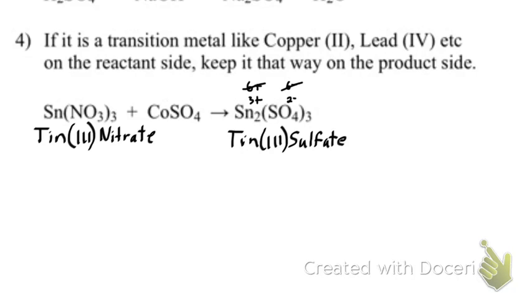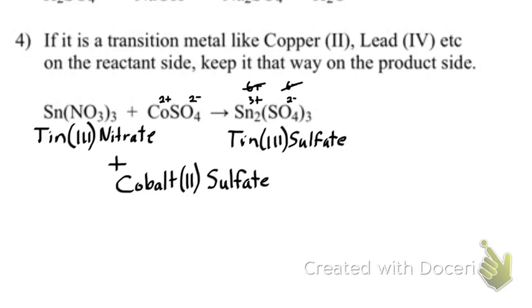Alright, the same is true for the cobalt. This is cobalt 2 on this side. You know it's cobalt 2 because your polyatomic ions you have plenty well memorized at this point in time, and sulfate's a -2 ion. So cobalt must be a 2+ element. And so you have plus cobalt 2 sulfate on this side.